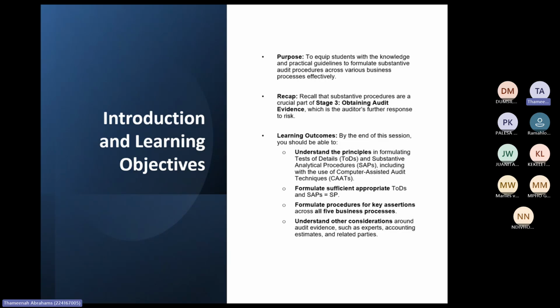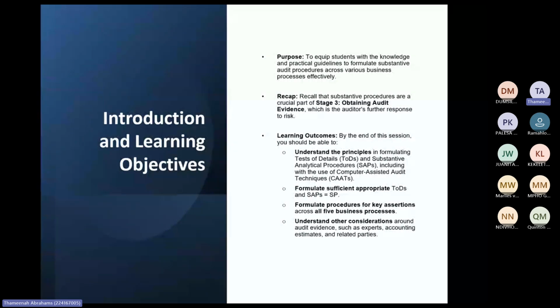It's still obtaining audit evidence so that you can respond to further risk within the audit, right? The learning outcomes for this evening are to understand the principles of substantive procedures. Like I said on Sunday night, or was it Friday, when a student asked me what the difference is between test of details and analytical procedures: both of them are substantive procedures. Substantive procedures are split into the two, so you'll get a better understanding of the two.